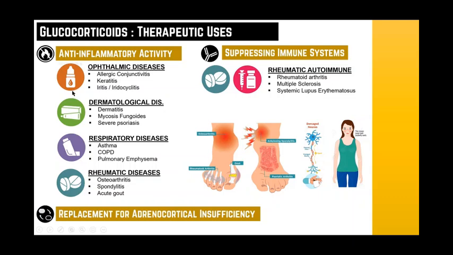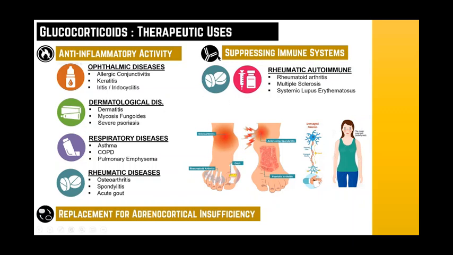The eye preparations are to treat ophthalmic diseases such as allergic conjunctivitis and keratitis. The topical preparations are to treat dermatological diseases such as dermatitis. Dermatitis is a disease caused by bacterial infections that induce inflammation.